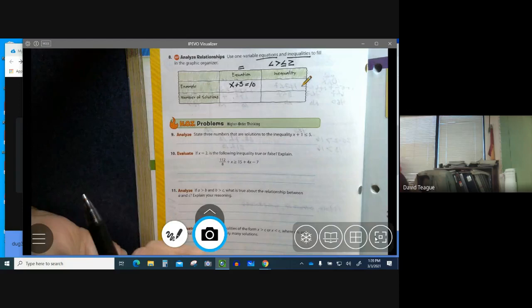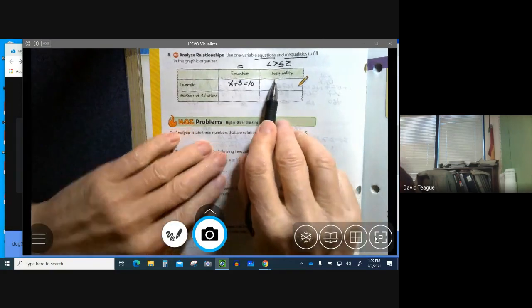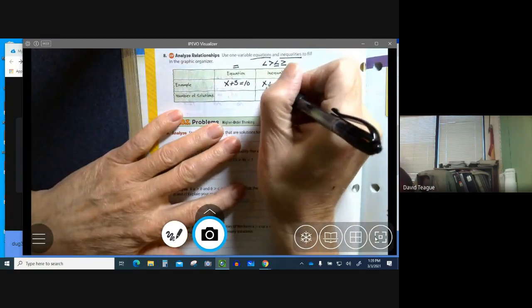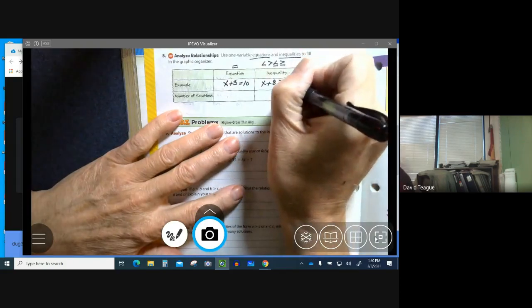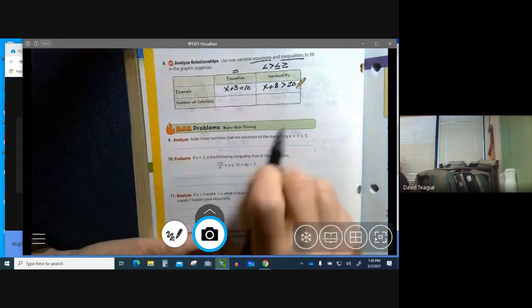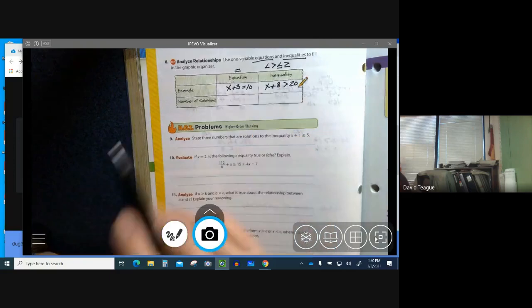Okay, it's balanced. And an example of an inequality would be x plus 8 is greater than 20. Okay, and I have one of my signs. I have my greater than sign. So this is an inequality.